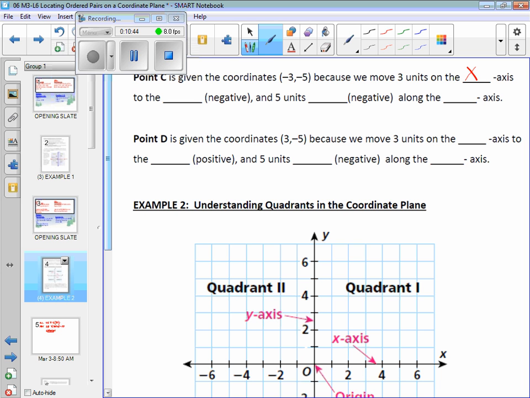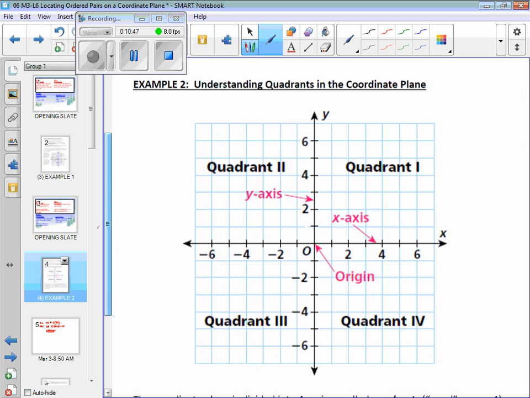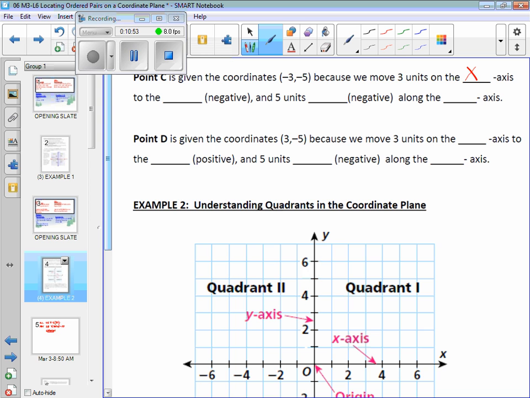Left is negative. We've done the number line, so all of the coordinates to the left of 0 are negative. And then 5 units up or down? Down. Right, because down is negative on the y.